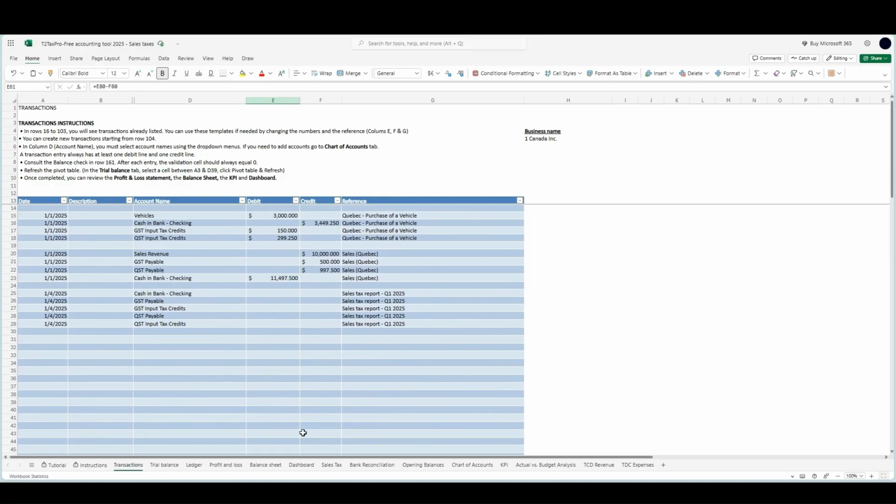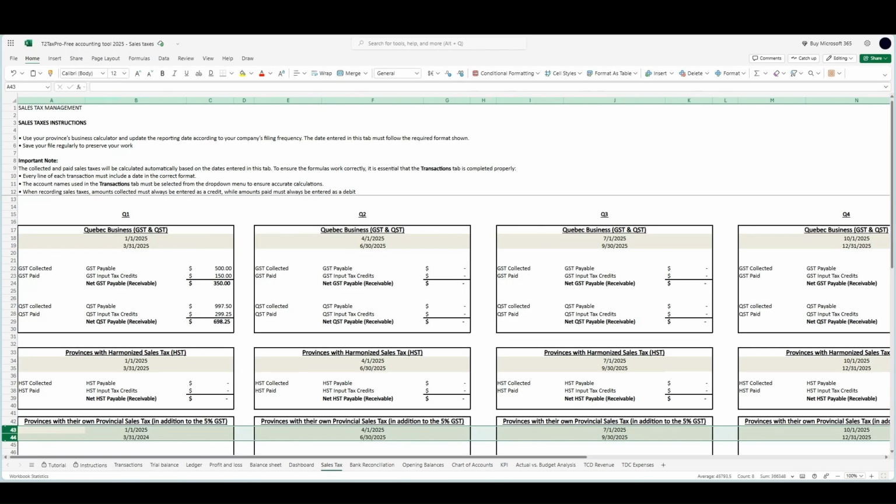Let's now explore how these transactions appear in the Sales Tax tab for the January to March 2025 reporting period. GST collected, $500. GST paid, $150. The business therefore owes a net amount of $350 in GST. QST collected, $997.50.